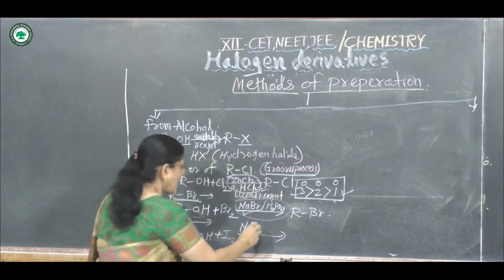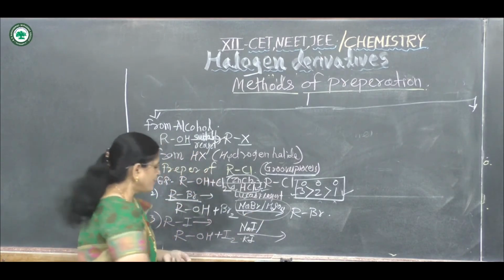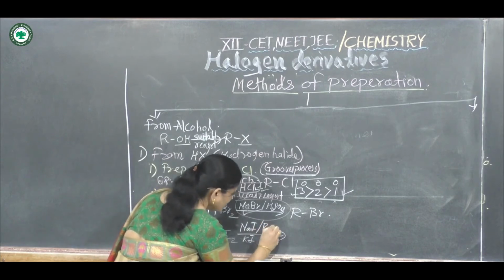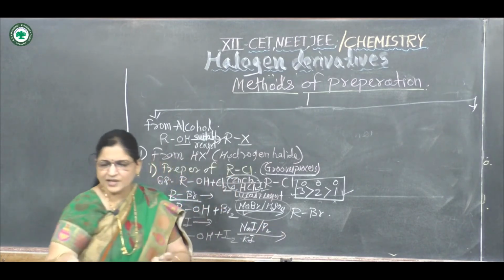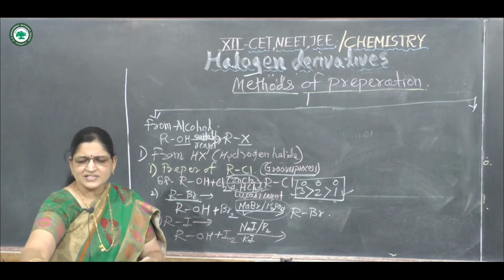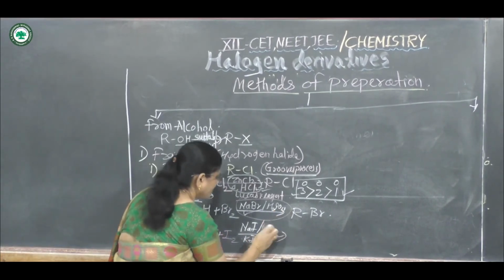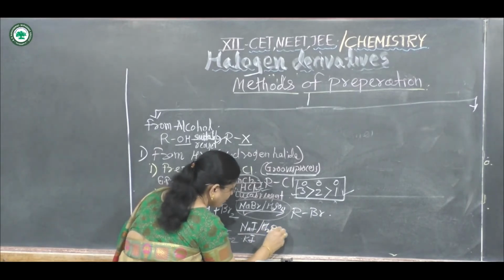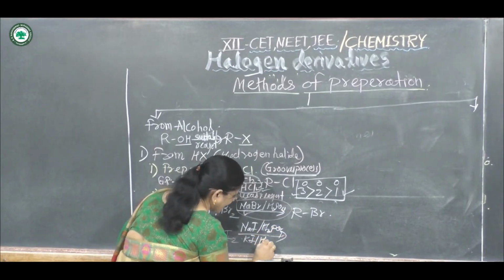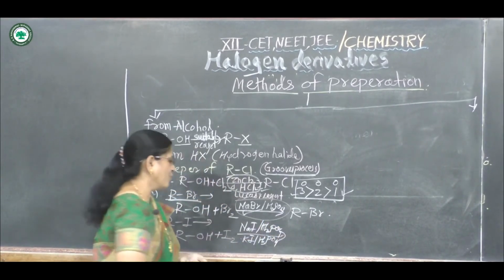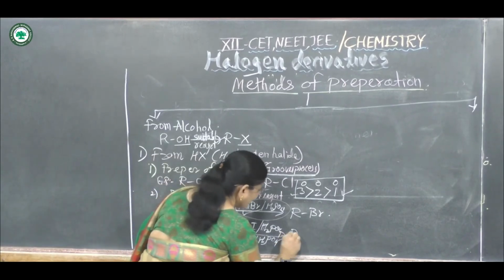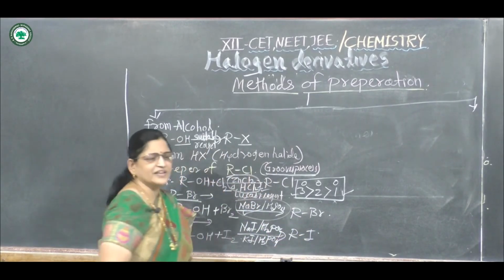Sodium iodide or potassium iodide with a third reagent, H3PO4, that is phosphoric acid, and it gives RI, that is alkyl iodide.